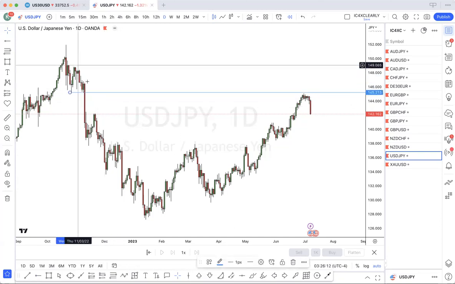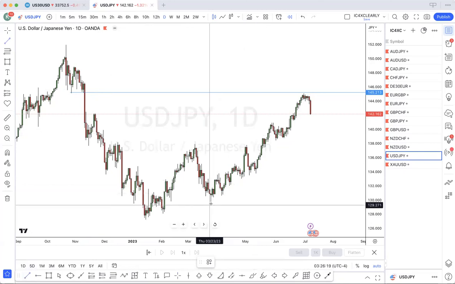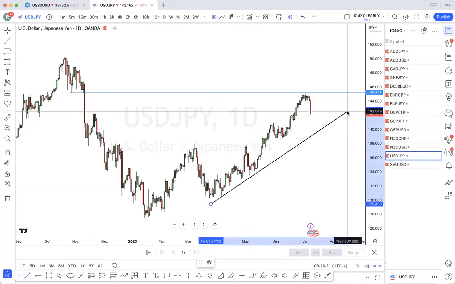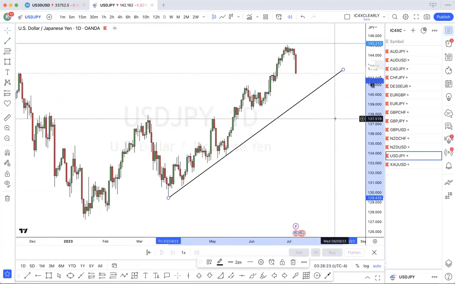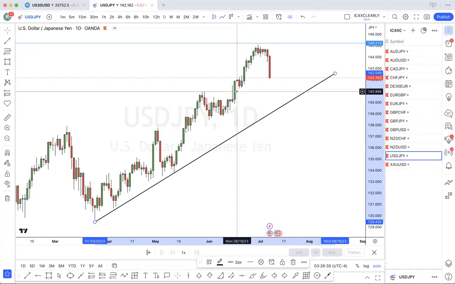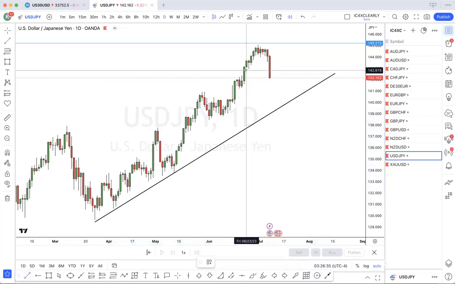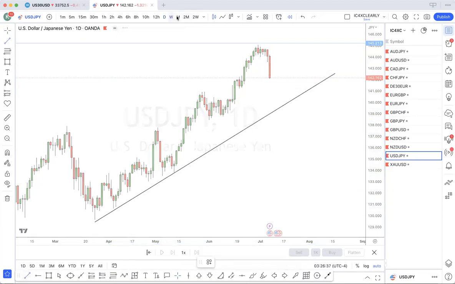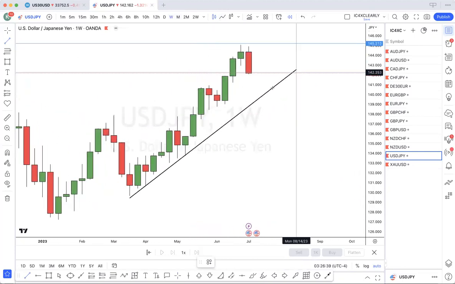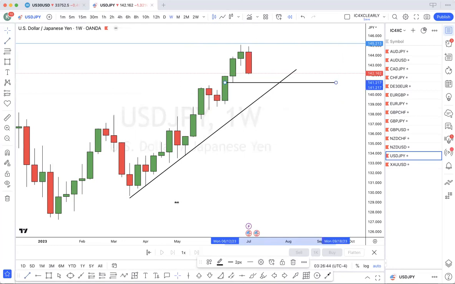So I would be expecting price to pull back up there. Price broke this, violated this order block. Oh, sorry, weekly. Weekly. Okay, so we have this here.